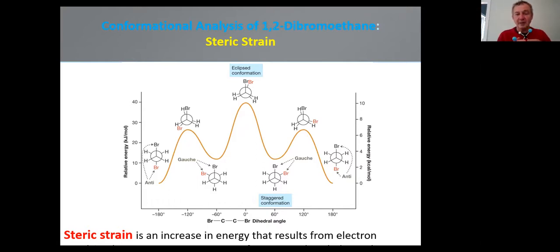And then of course, energetically, an eclipsing conformation with the steric strain going on. Oh, it's terrible. And while 40 kilojoules is energetically unfavorable, it's still able to freely rotate, right?